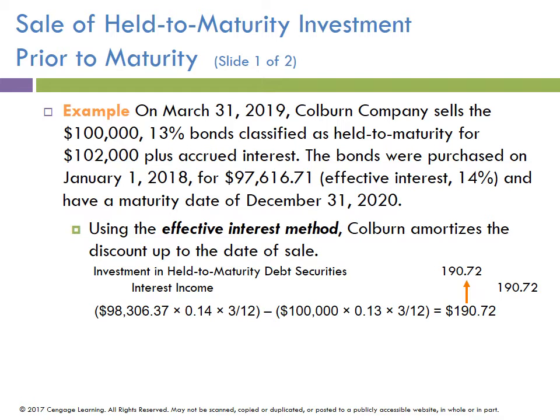As of December 31st, 2018, if you look at the schedule, go all the way across, the carrying amount of the bond on December 31st, 2018 was $98,306.37. They're selling these bonds March 31st, 2019.